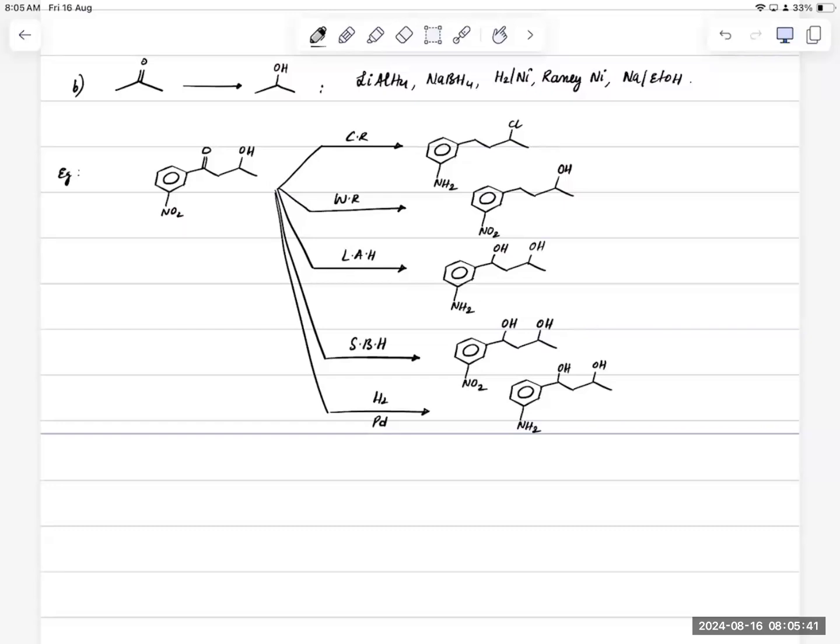That's it. Rest of the reductions, the acid reductions and all, we will come across in carboxylic acid. These are the main reduction reactions which you need to know.